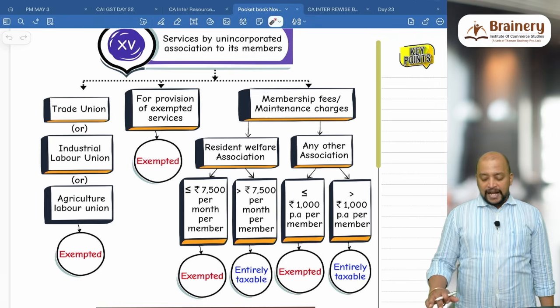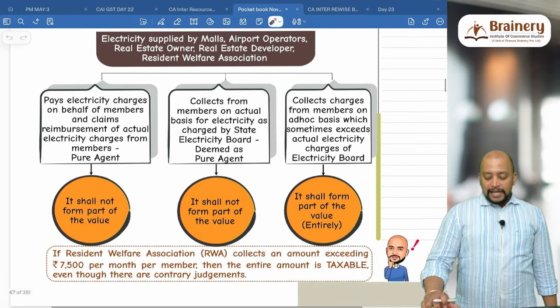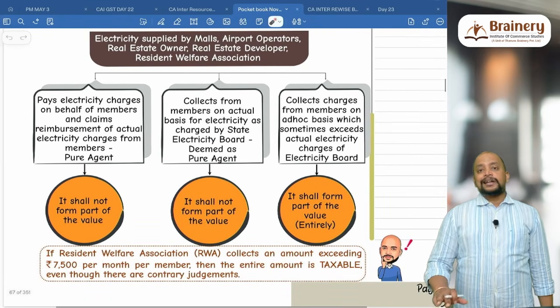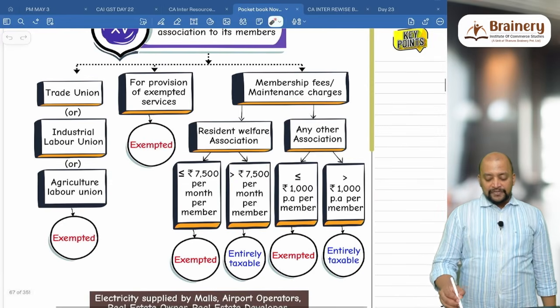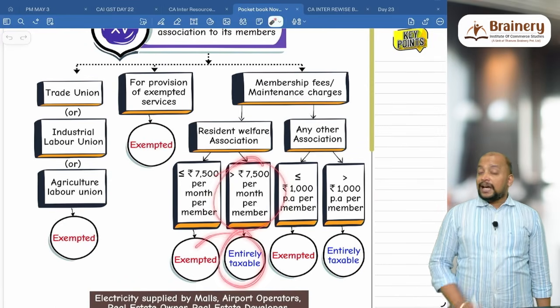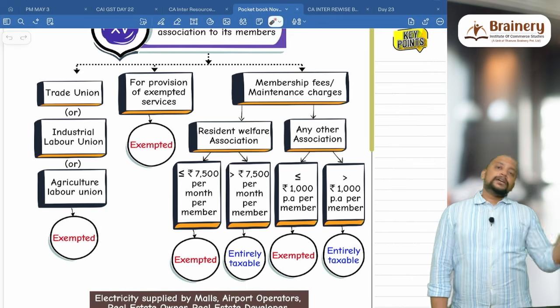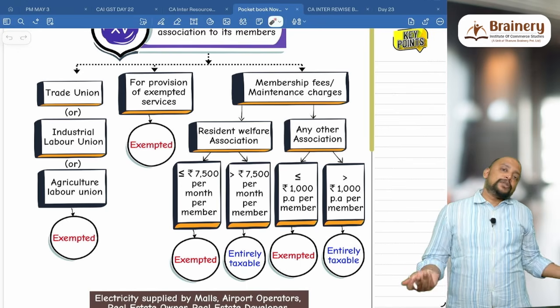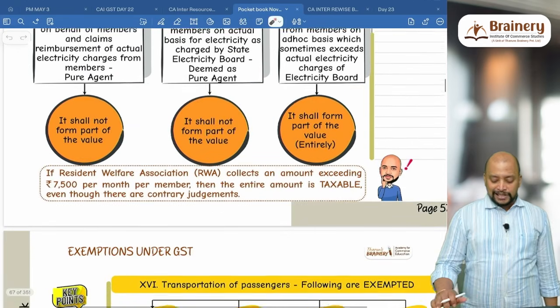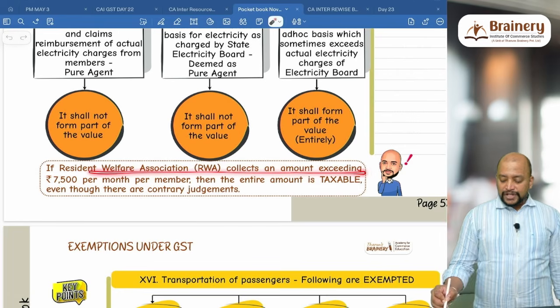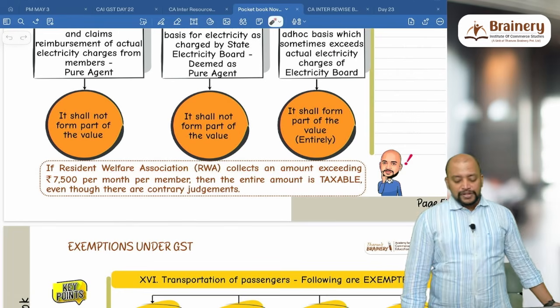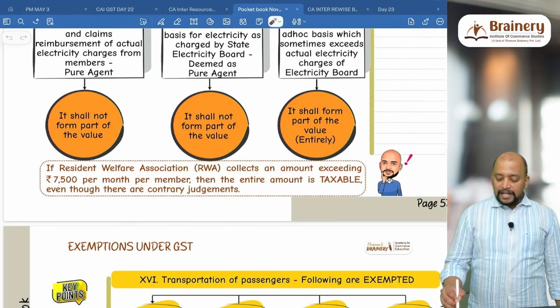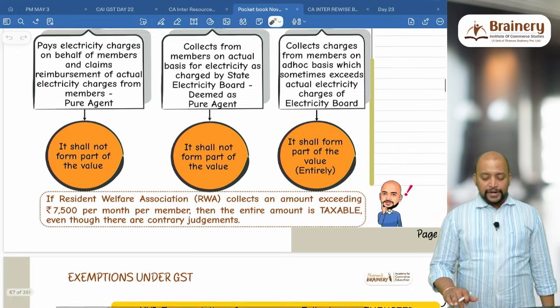Beyond 1,000 rupees per annum per member, entirely taxable. In this regard, if the charges exceed 7,500, it will be taxable entirely, but the overall aggregate turnover should have crossed the threshold limit for registration, then only they will pay GST. If the Resident Welfare Association collects an amount exceeding 7,500 per month per member, then the entire amount is taxable, even though there are some contrary judgments.